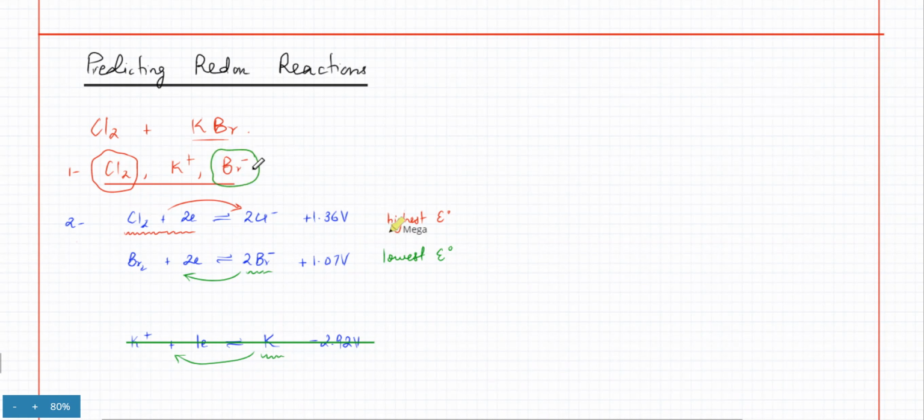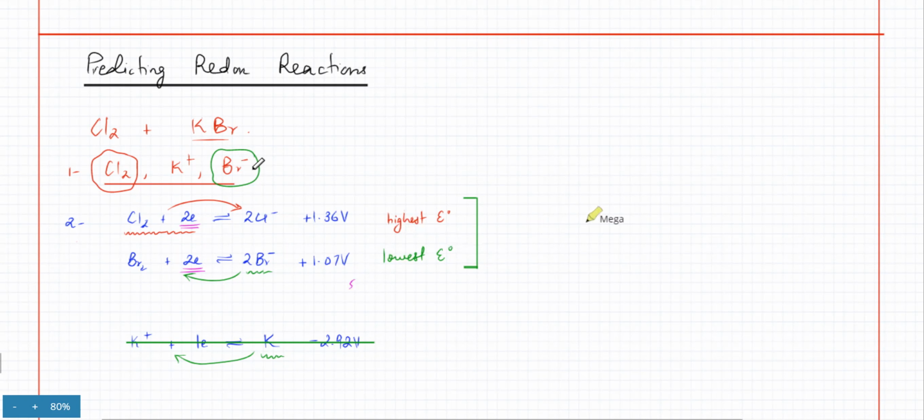Hence, these two equations are going to be your equations for gaining and losing electrons. And you're going to sum them up to make an overall equation, making the number of electrons gained and lost equal. They're already equal.